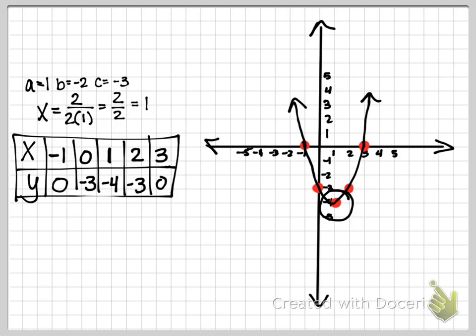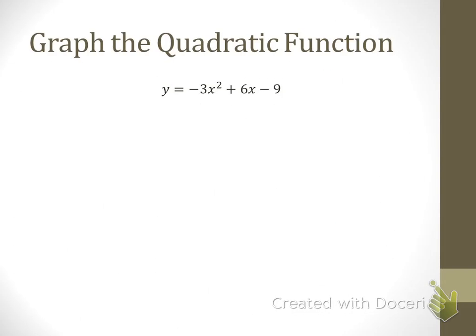It's the lowest point on this graph. Okay, and if I wanted to, I could draw my axis of symmetry, which you don't have to do this, but I would draw my axis of symmetry directly down the center so it goes through my vertex. Okay? That is how you graph a quadratic function.